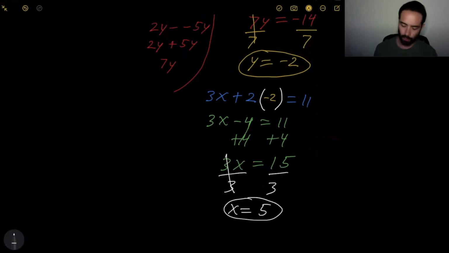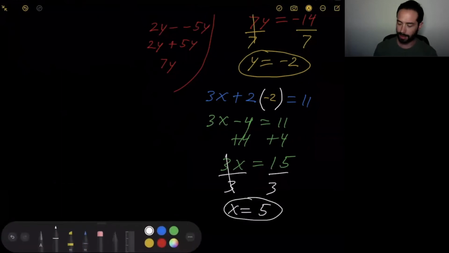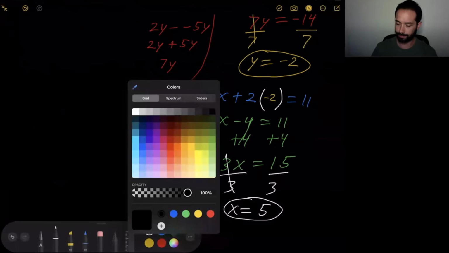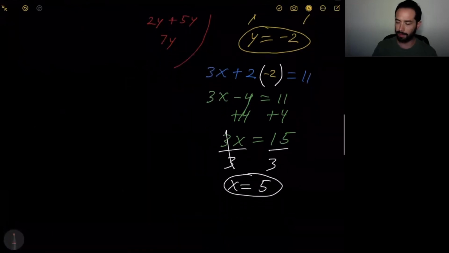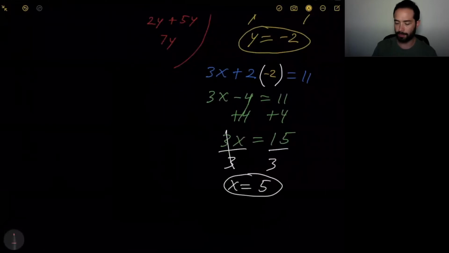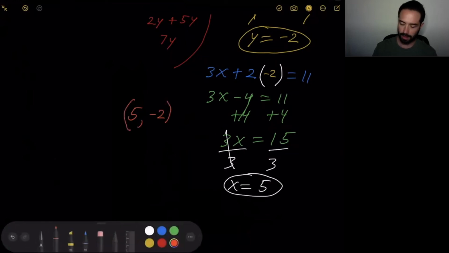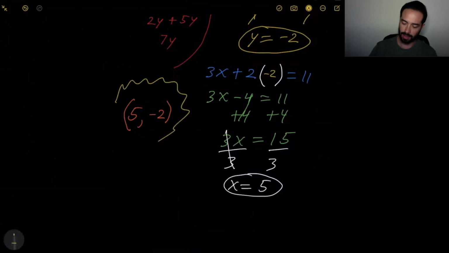Okay, so we want to write it as a coordinate point. So let's do that. Here's our final answer. We've got 5, comma, negative 2. And we're gonna put some flashy, this is the answer kind of thing.